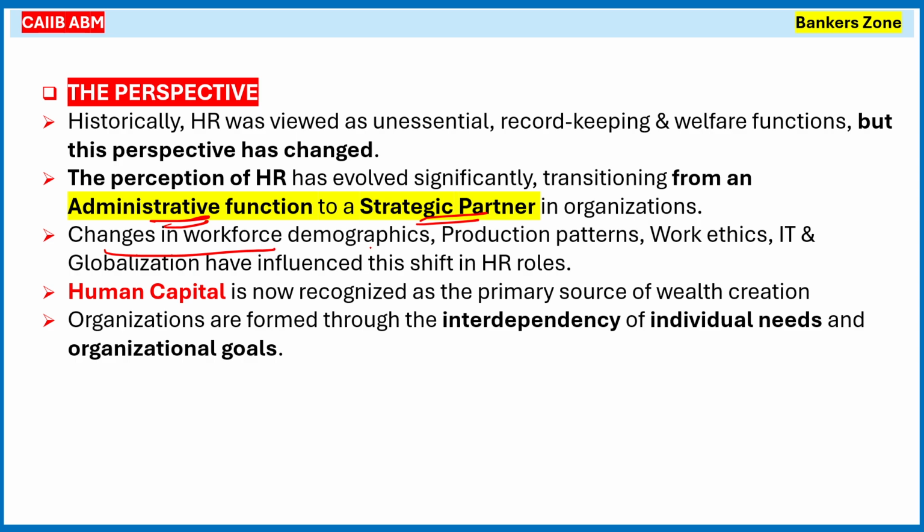Changes in the workforce demographics, the production pattern, the work ethics, and IT and globalization have influenced this shift in HR. Basically, the perspective about HR has changed because work ethics have changed, information technology, globalization. Apart from that, the workforce demographics have changed. The production pattern has changed. What do you mean by demographic?